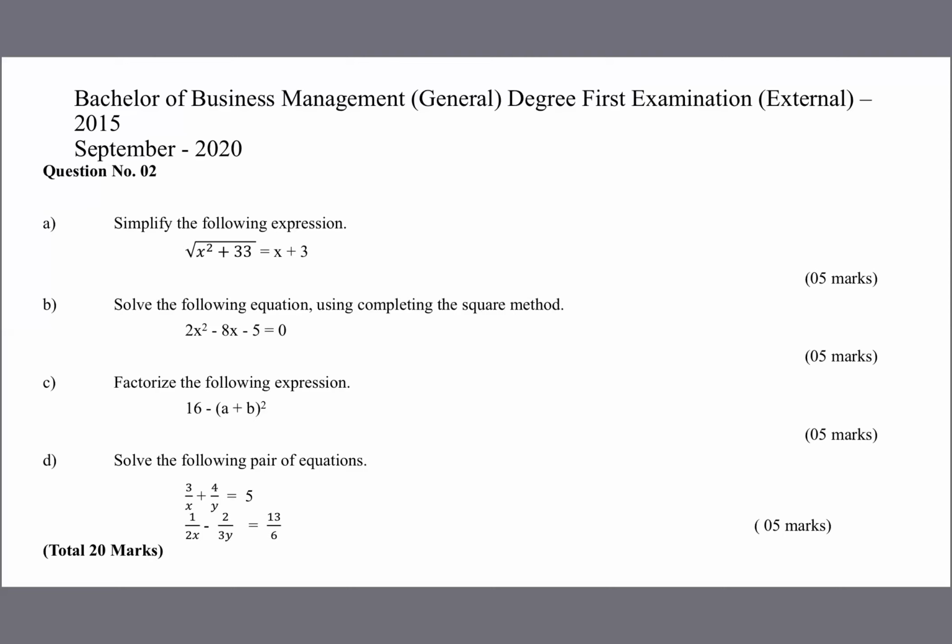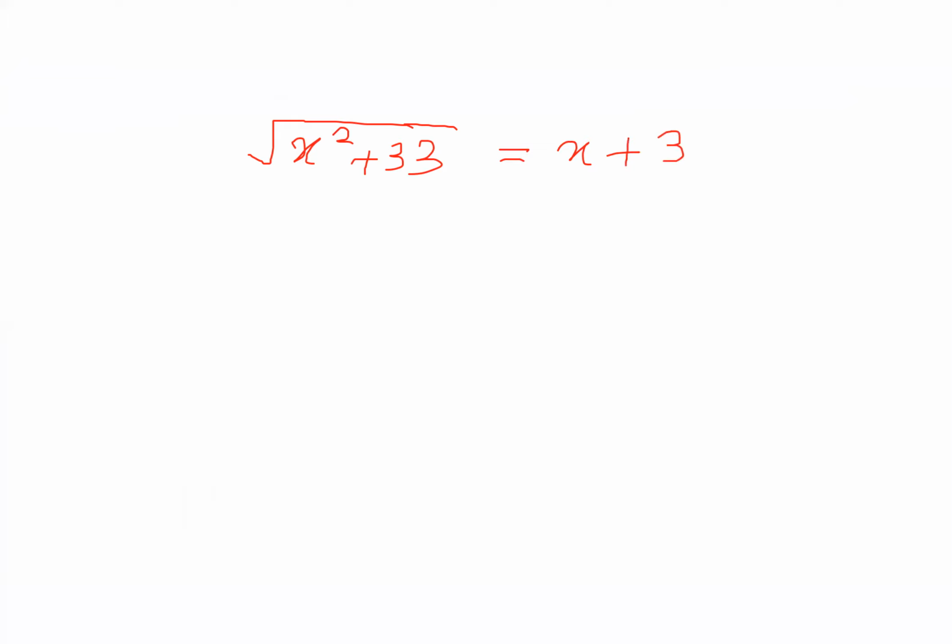Give me 1 second, I need to write down the question again: the square root of x squared plus 33 on one side, and x plus 3 on the other side.